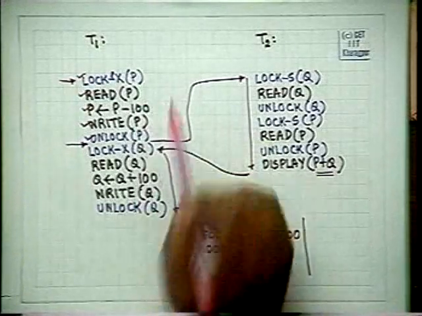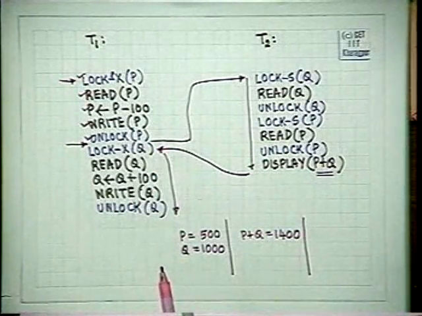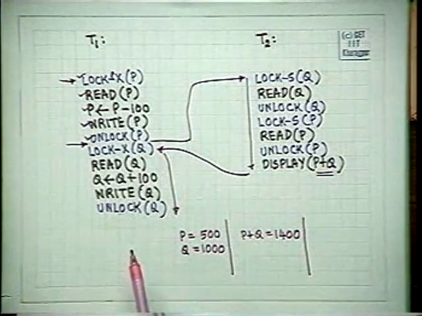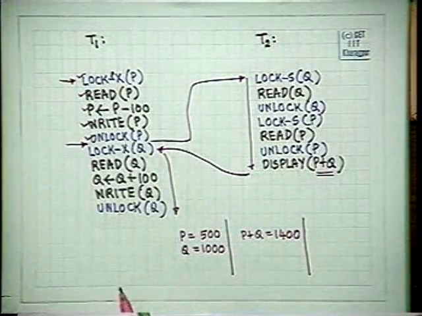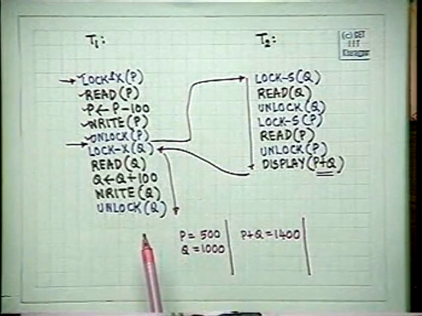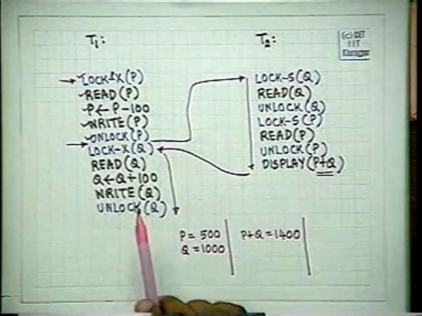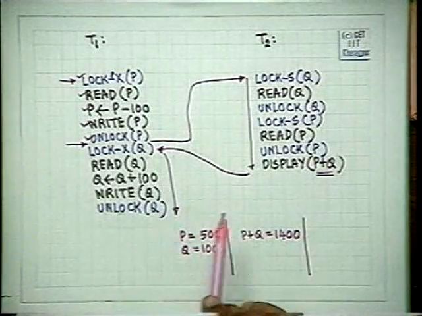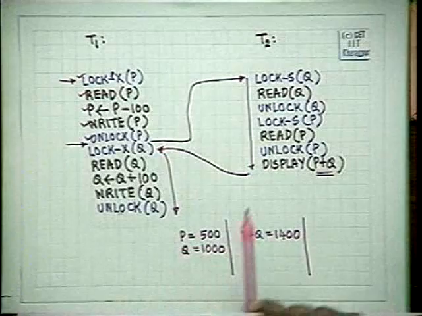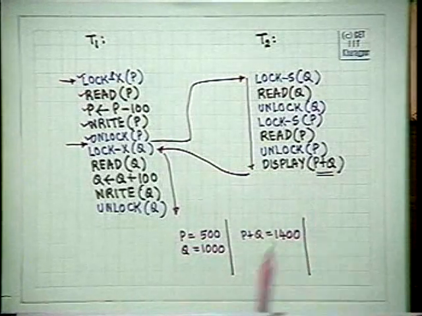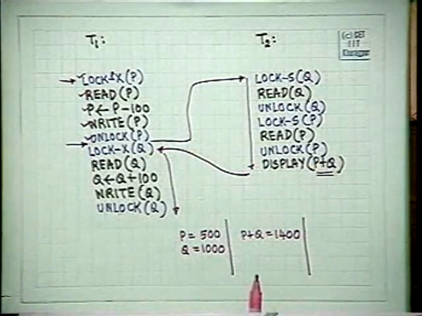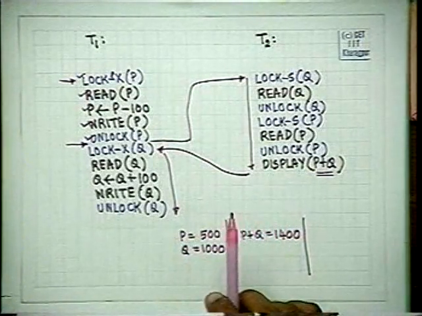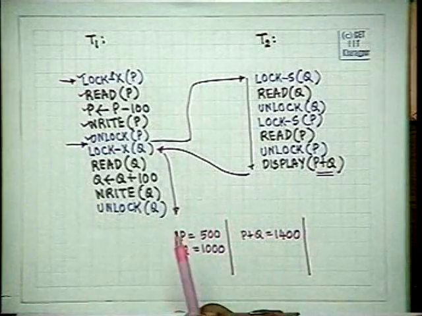So, if you write out your lock and unlock functions in an arbitrary manner, then you may land up in some severe difficulties. That is, you may get schedules which are not legal, which are not valid, or which are not consistent schedules. In fact, you will get schedules which are not even conflict serializable. So, how do we avoid this? What are the guidelines for writing out locking protocols?